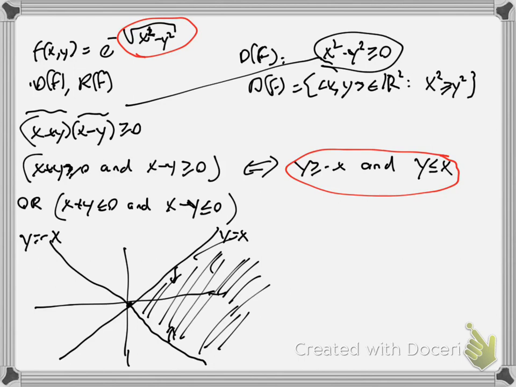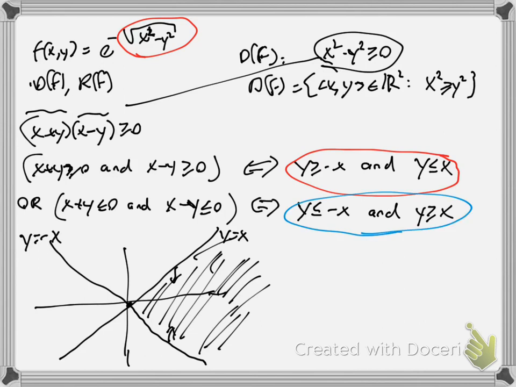Now we also have the second equation, so we're going to rewrite that in the same way, again as y. The first one is y is less or equal than minus x, and the second one is y is bigger or equal than x. So again, let's do them in blue. We go to our picture.